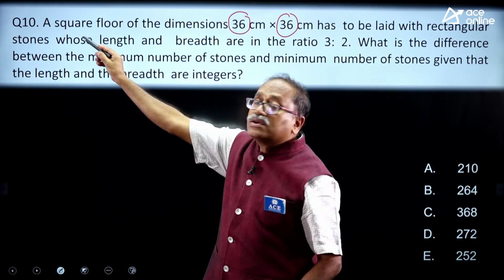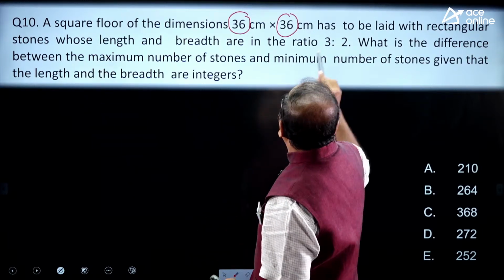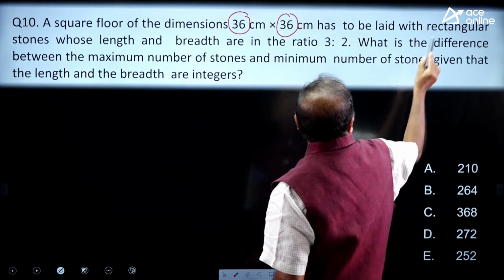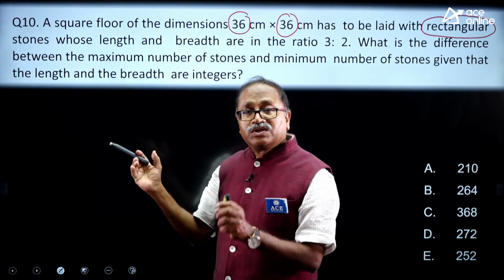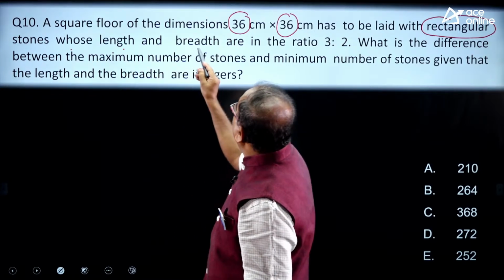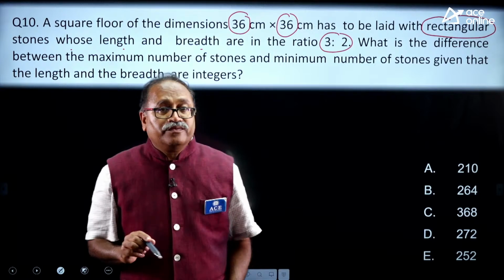Obviously, when we talk about a square, all the sides will be equal. It has to be laid with rectangle stones. The stone is a rectangle whose length and breadth are in the ratio of 3:2.